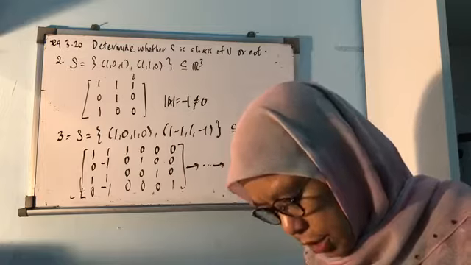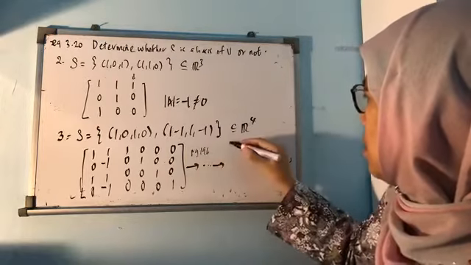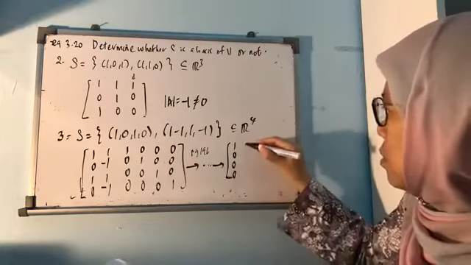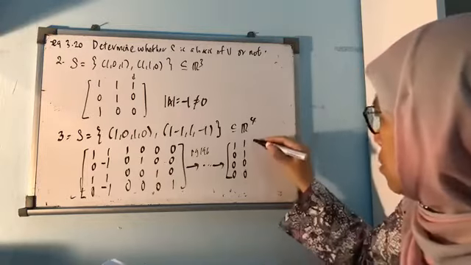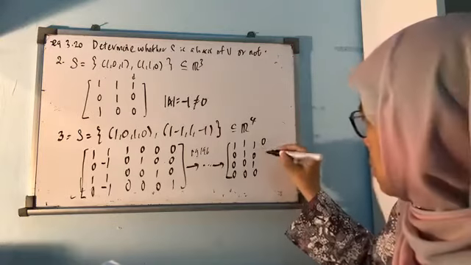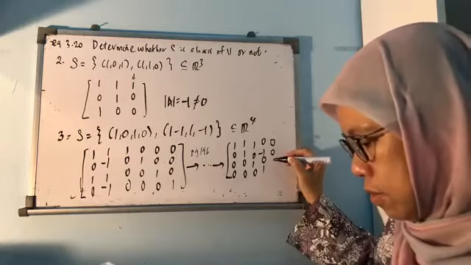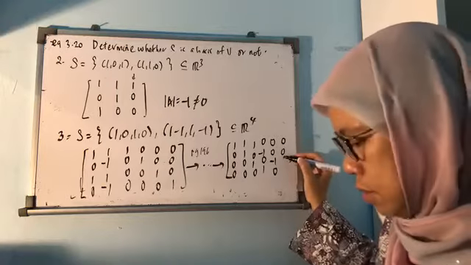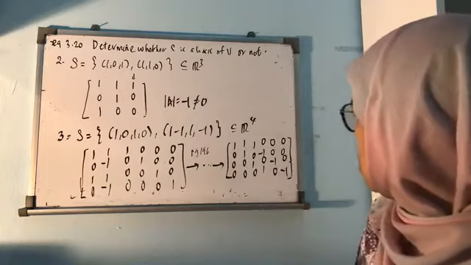Yes, page 196. Okay, when I do this, I get 1 0 0 0 1 1 0 0 1 0 1 0 0 negative 1 0 1 0 0 negative 1 0 0 0 0 negative 1.